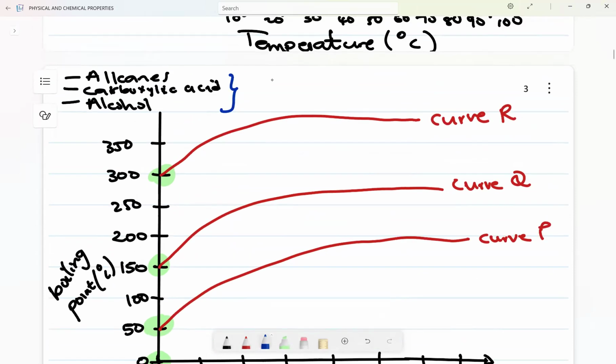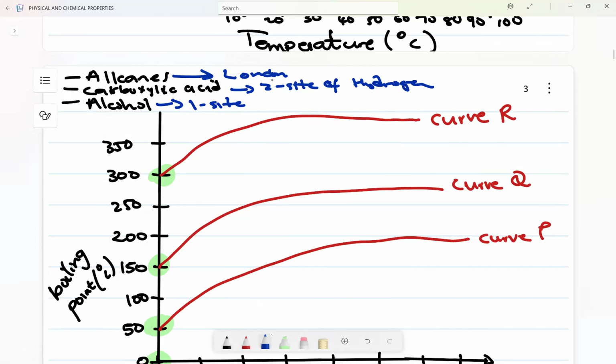I know that alkanes have London forces. Carboxylic acid has two sides of hydrogen bonding. Alcohol has one side of hydrogen bonding.